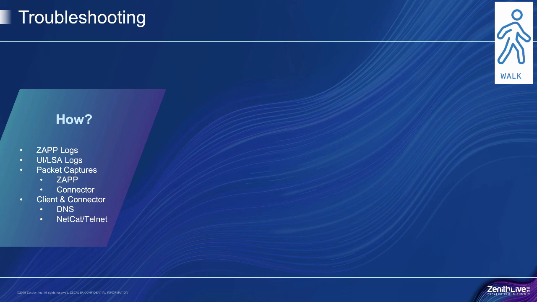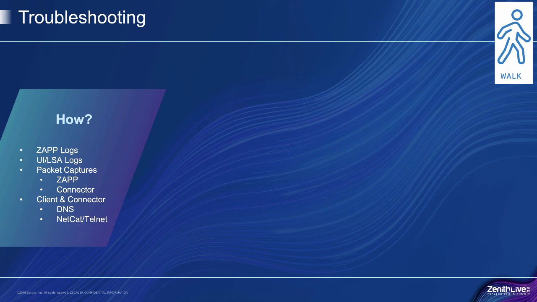I'm not going to spend a lot of time here going through how to troubleshoot every single application, but I would put in place a process around making sure that you can get the Zscaler app logs, making sure that somebody who's troubleshooting has access to the UI or the log streaming service logs. Potentially, you might need to take packet captures from Zscaler app or the connector.